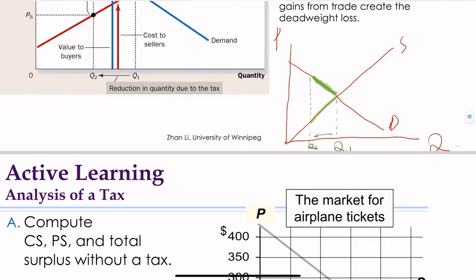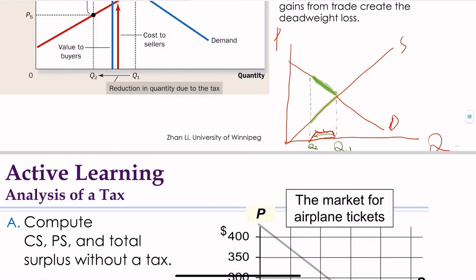Basically, it implies that for these buyers and sellers, willingness to pay is larger than the cost of production. So there is some net positive gain from trading with each other, right?